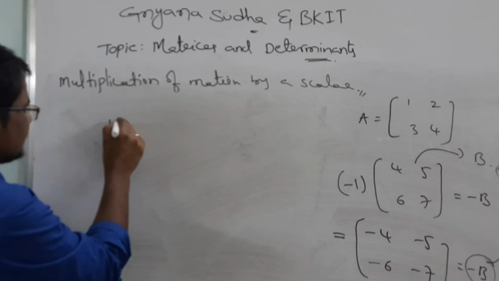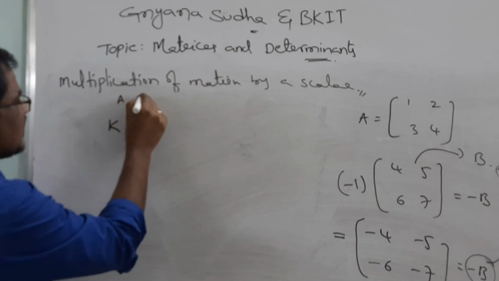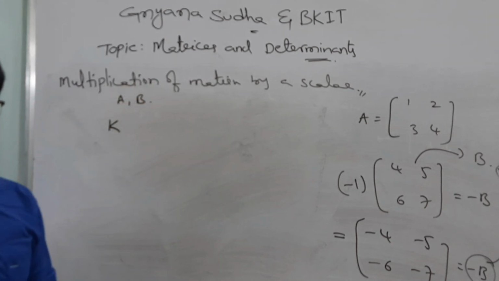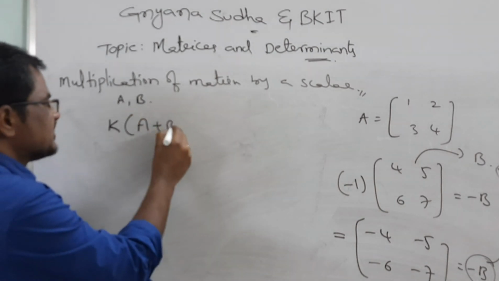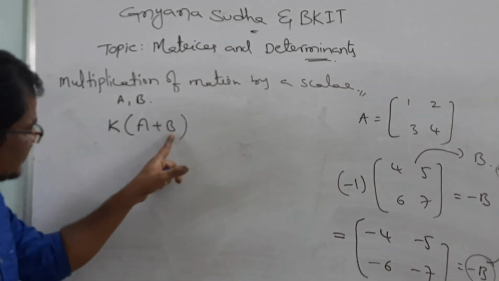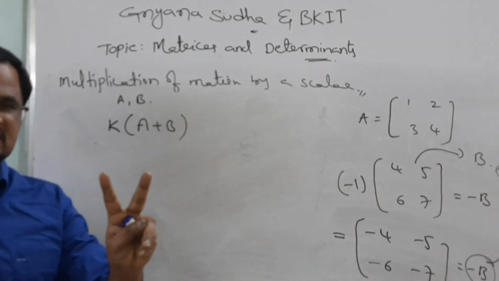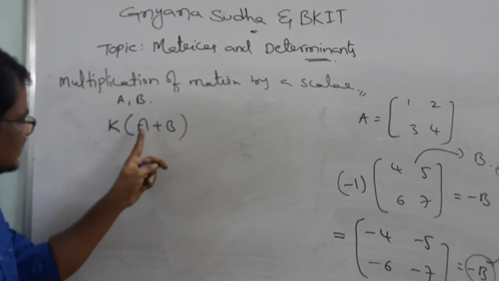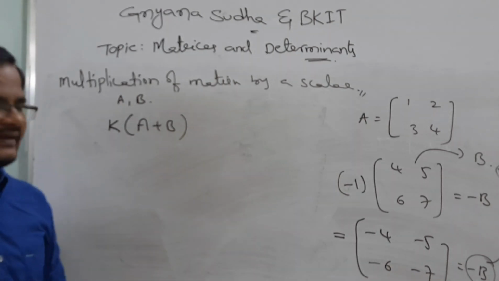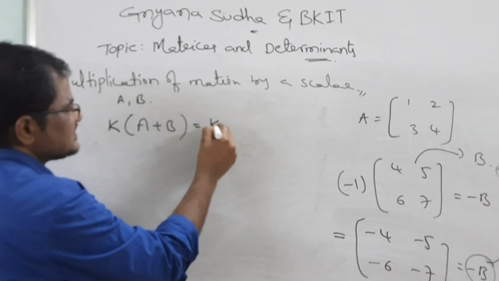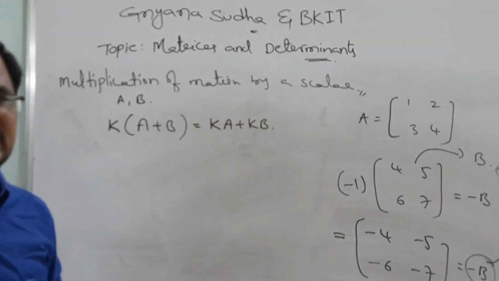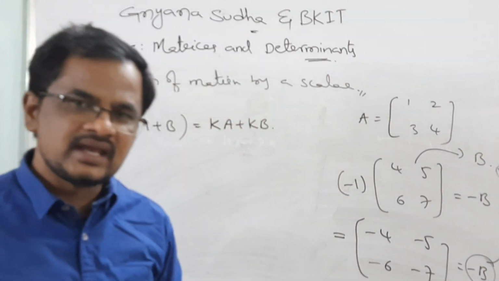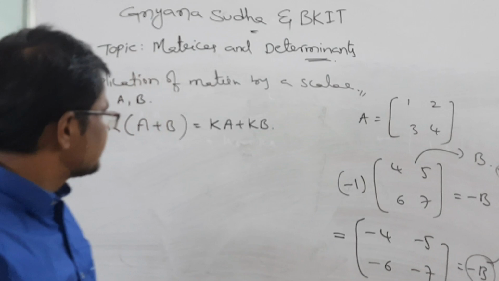If A, B are two matrices, then K into (A plus B), whenever you are adding two matrices, definitely the order should be the same, can be written as KA plus KB.